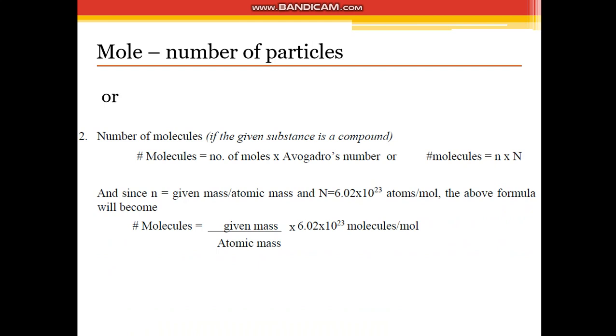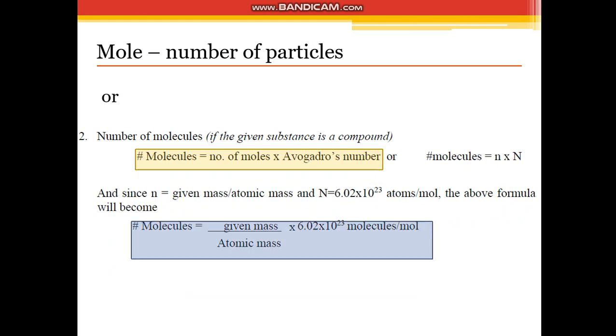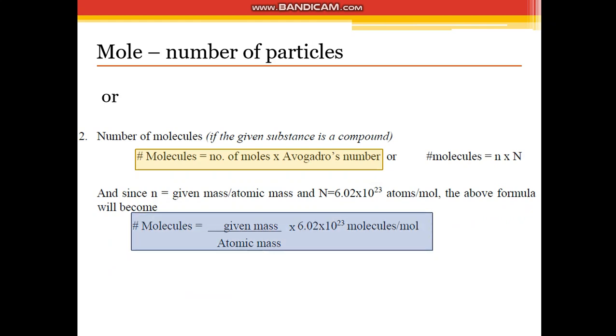If the given substance is a compound, we can use this formula instead. The number of molecules is equal to the number of moles multiplied by Avogadro's number. Or again, you can use the formula below: the number of molecules is equal to the given mass divided by the molar mass, multiplied by Avogadro's number.